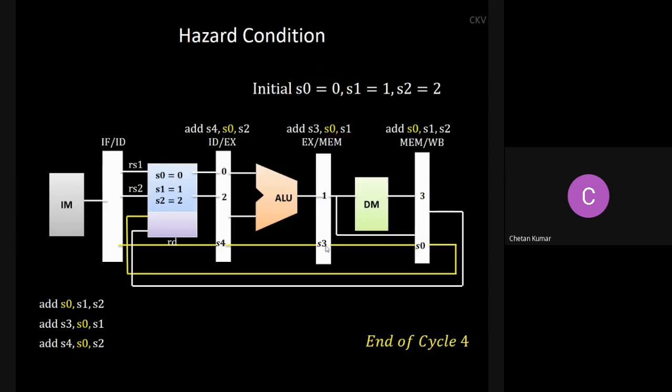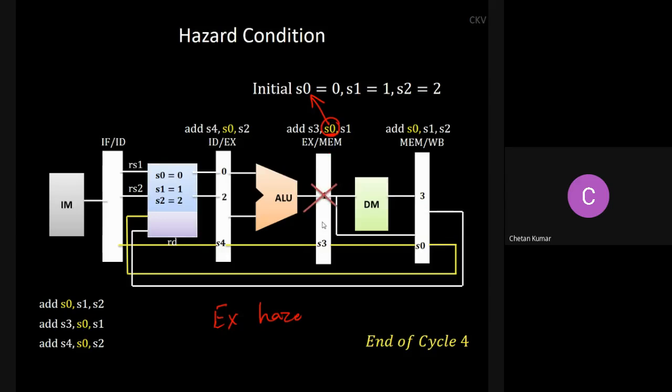So this is a problem. This is what we call an X hazard, where the second instruction is trying to read the old value and it is computing the wrong result. So this is your X hazard.